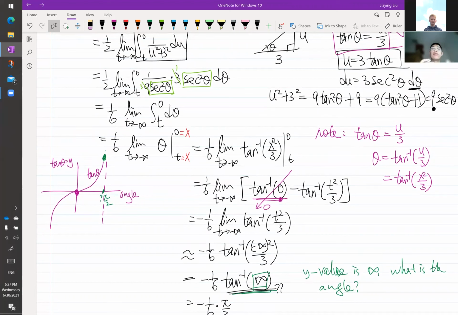After you find the definite integral, you have to go back and write in terms of x, then take the limit at the end. So it requires multiple steps, but if you break it down into different sections of solving this problem, it's everything we've covered, right? I'm pretty sure that we cover everything in this process.